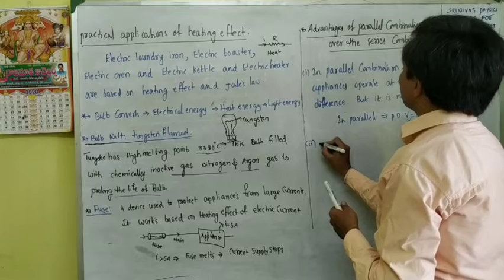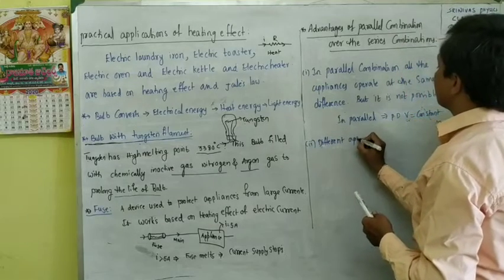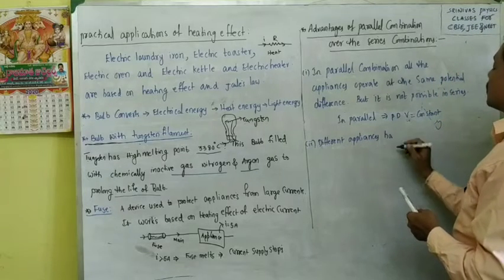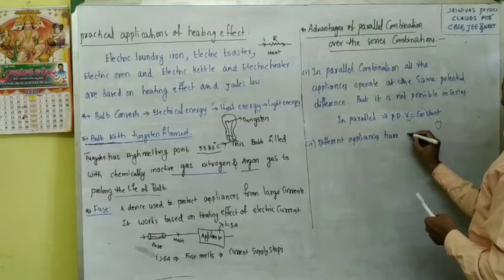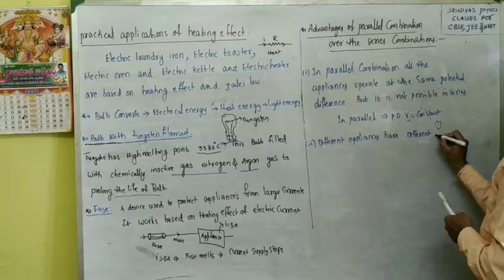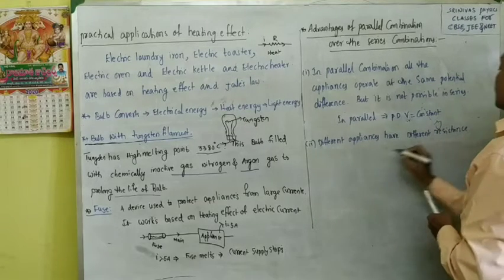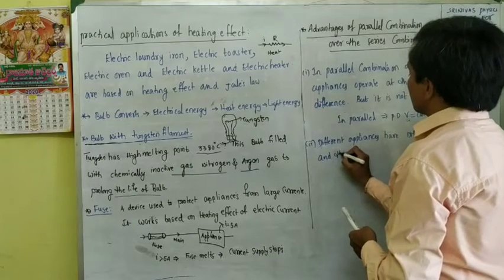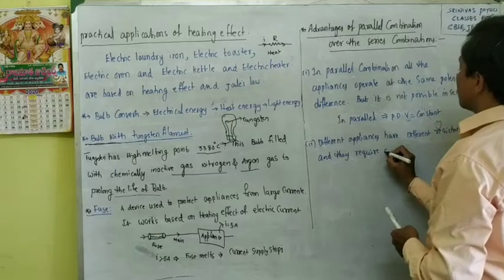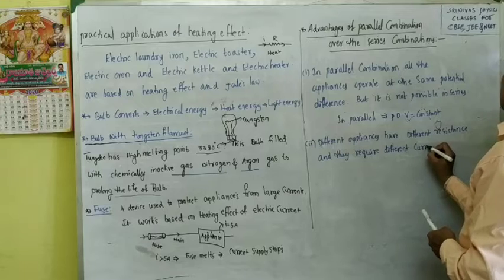That means different appliances have different resistances, and they require different currents.